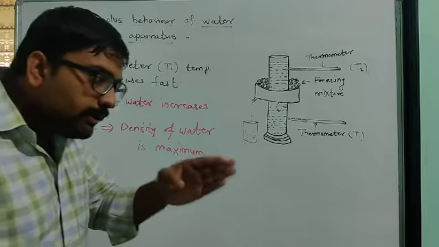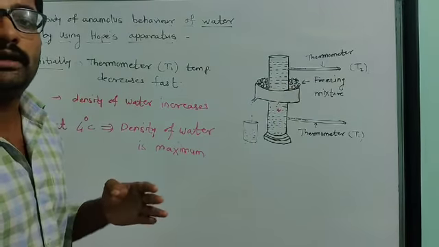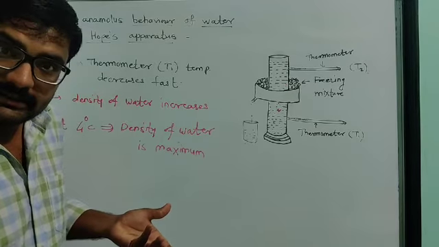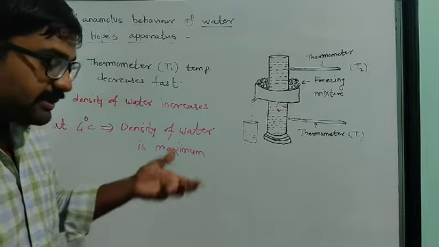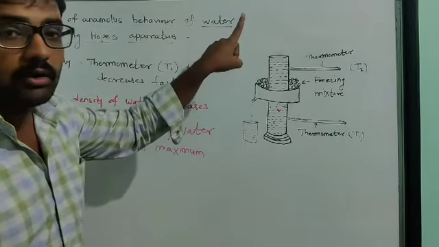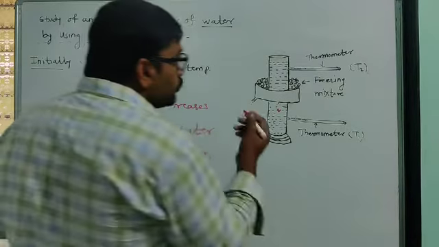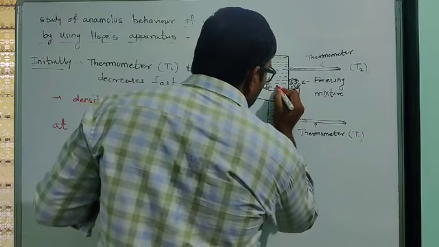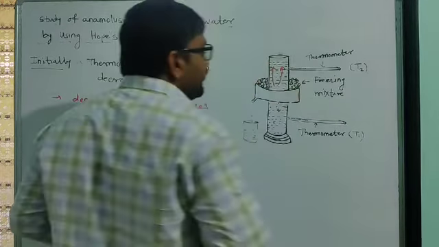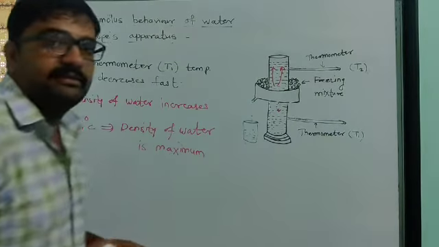And we know below 4 degrees, at 3, 2, 1 degree, the density of water decreases, meaning volume increases. So due to that, this water will move towards the upward side when the temperature is less than 4 degrees Celsius.